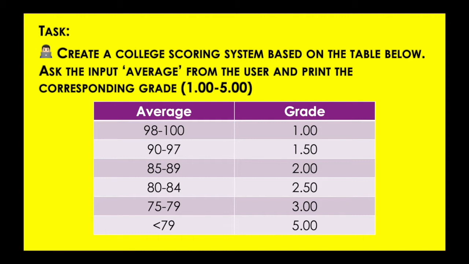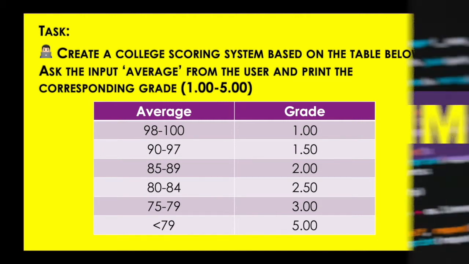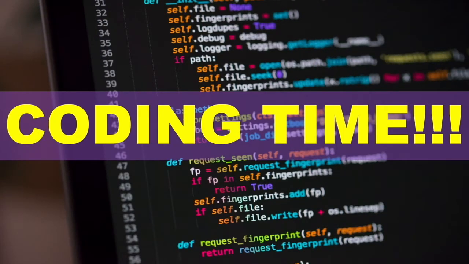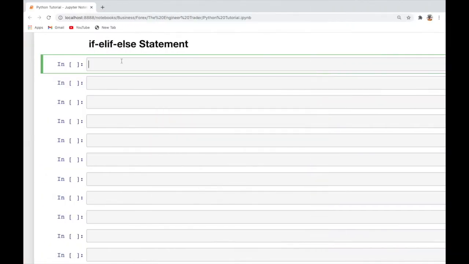We can now go to our Jupyter notebook and start our coding. Based on our task, our input will be coming from our user. So let's have here the average variable and input.